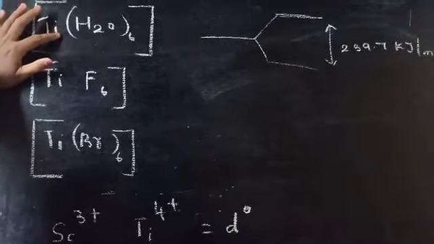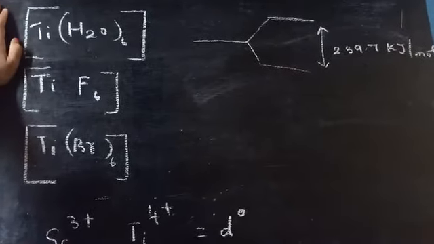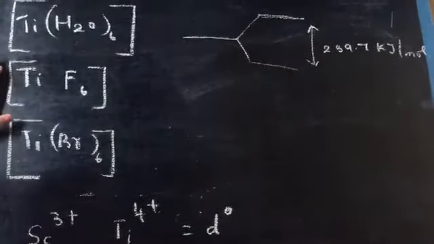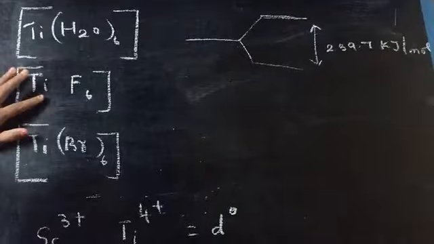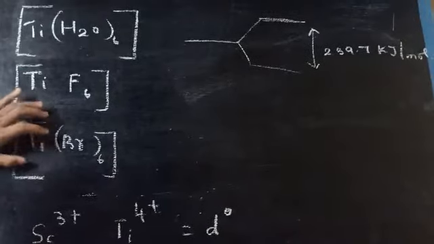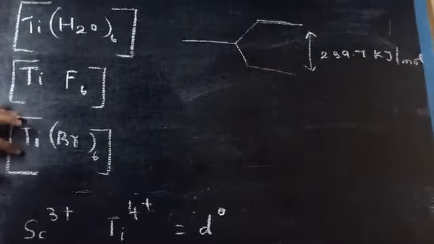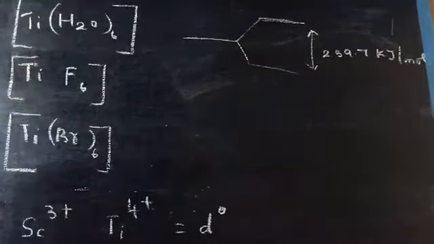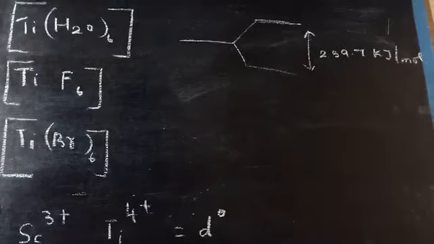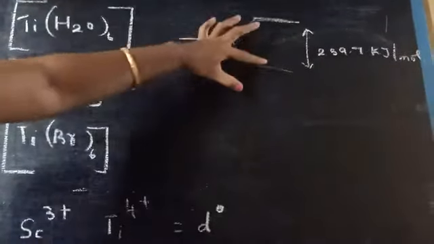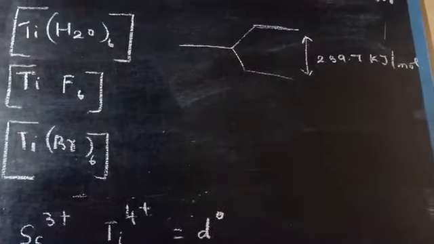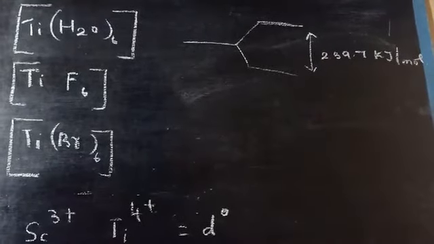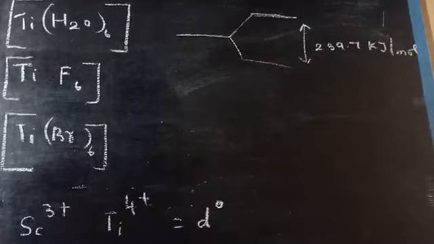[Ti(H2O)6]3+: you now know the complex is purple. But at the same time, I am writing the examples TiF6 and TiBr6. Here the metal is the same but the ligands are different. We never expect these complexes to be purple, because the splitting energy varies. Even when we studied high spin and low spin complexes, which one is favored depends upon the nature of the ligand.